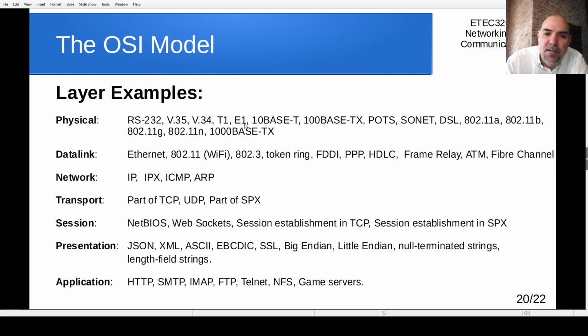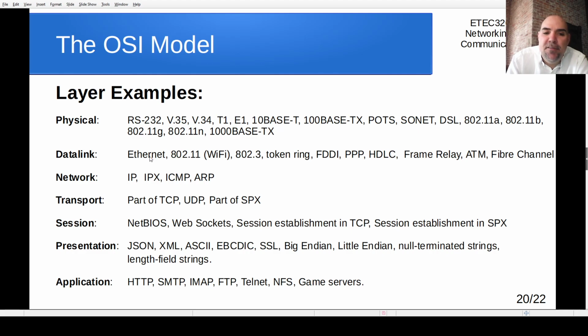And these are types of connection for broadband access. 10 base T, 100 base TX, POTS, which is plain old telephone system, SONET, DSL, 802.11a and B, G, and there are a whole bunch of variants of 802.11 out there. 1000 base TX, which was gigabit Ethernet. So these are all lower level wiring kinds of things.